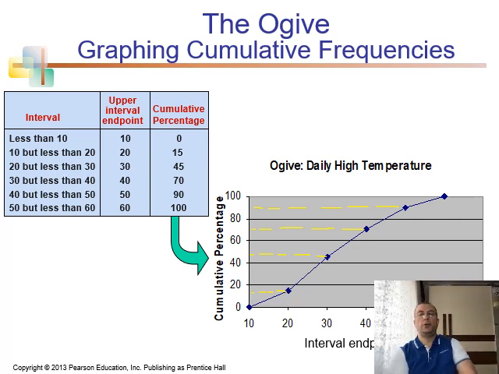So this is a cumulative frequency graph, and the cumulative frequency graph is also called the ogive.